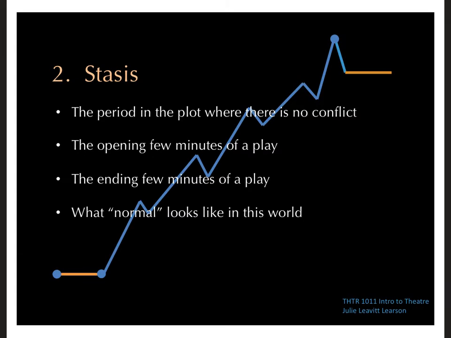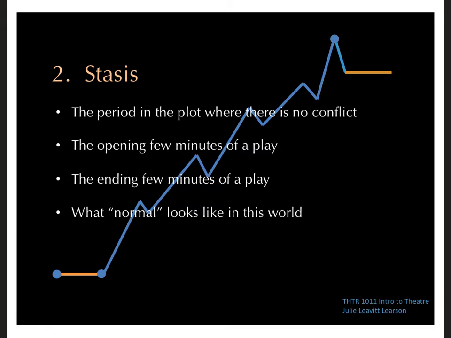Another thing that happens in the old stasis is we tend to receive a lot of exposition. If you remember from our reading, the exposition is background material. This is where sometimes we'll get a lot of those quote known knowns, or the given circumstances in a text.